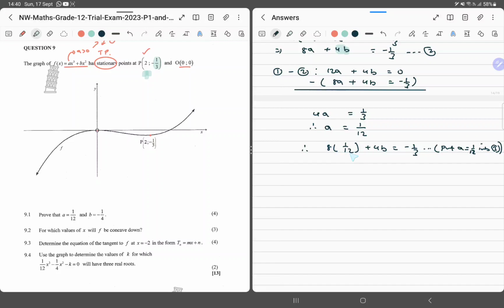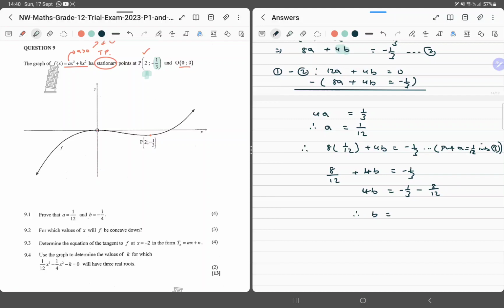And what are we going to do here? This is the same thing as 8 over 12 plus 4b is equal to minus 1 over 3. 4b is equal to, this is minus 1 over 3 minus 8 over 12.